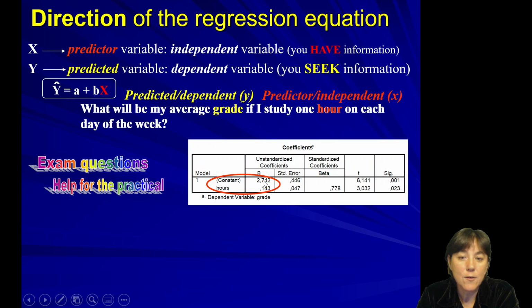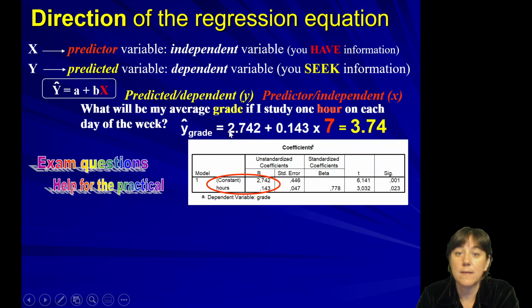Okay, here we have the two numbers, the A and the B. Okay, always in this order. We have had the x, so the statistical program will give you these numbers, but you do have to do this regression equation. You do have to calculate that: 2.742 plus times 7 equals, and this will be your result for this problem.